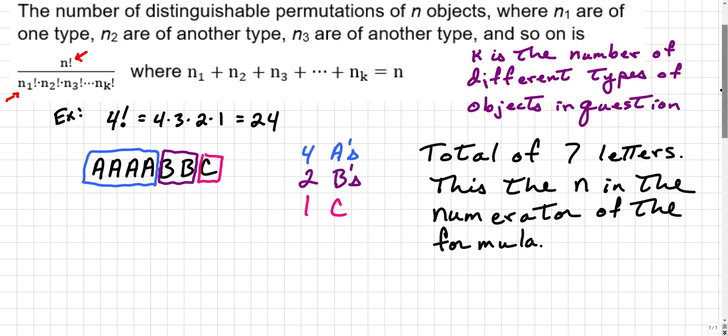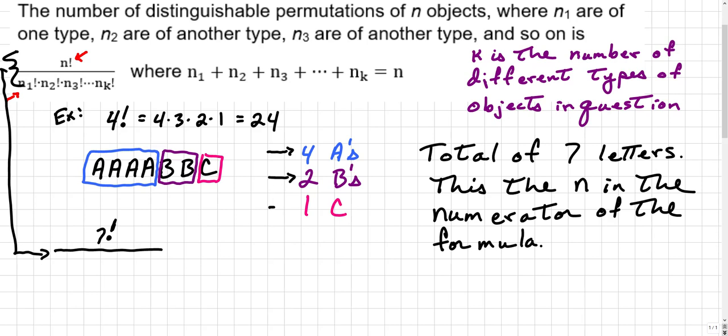So already you can see that we're setting this up. If we're going to use this particular formula, we're going to set this up so that we have 7 factorial in the numerator, remembering that that's going to be equal to 7 times 6 times 5 times 4 times 3 times 2 times 1. In the denominator, we're going to have 3 different factorials. Why are we going to have 3 different factorials? Because we have 3 different groups of letters.